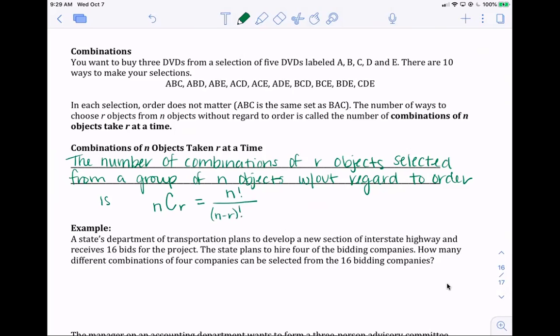But then in our denominator, we're also going to include r factorial. And this is again where r is less than or equal to n.